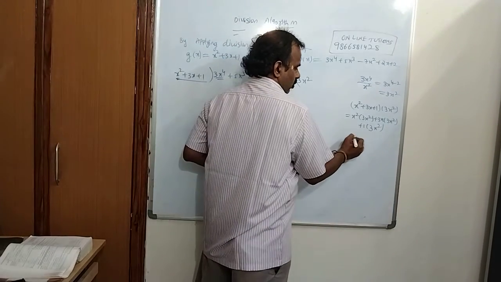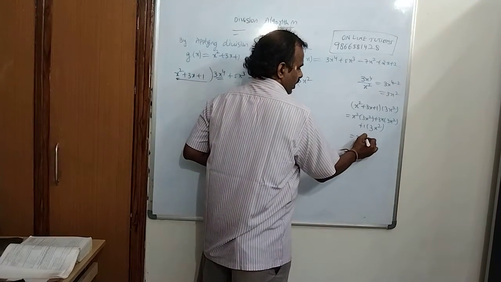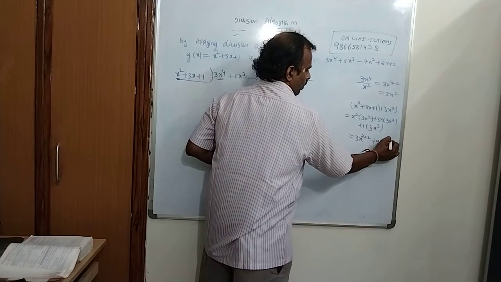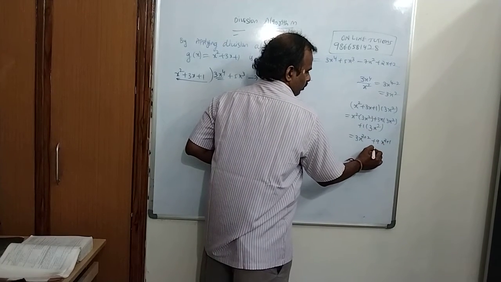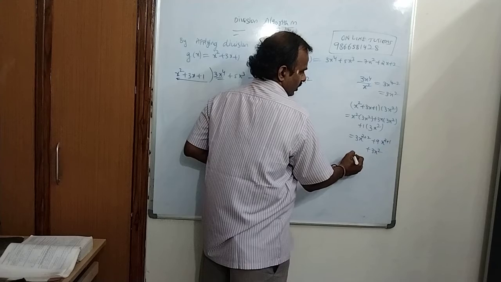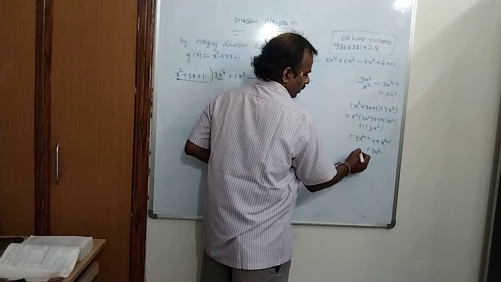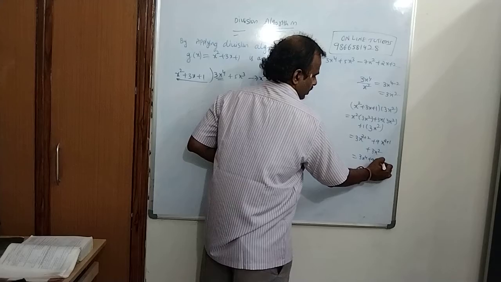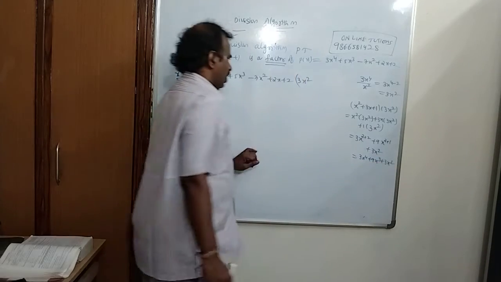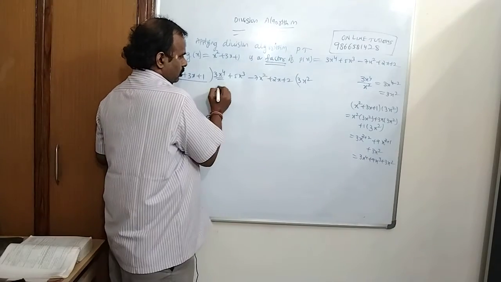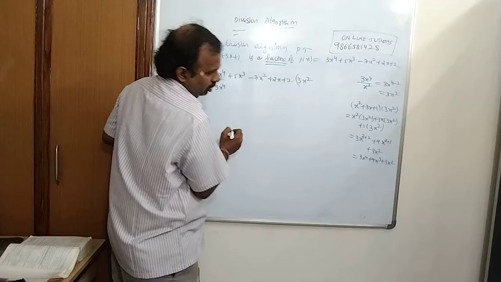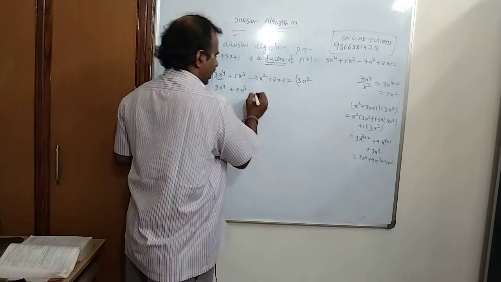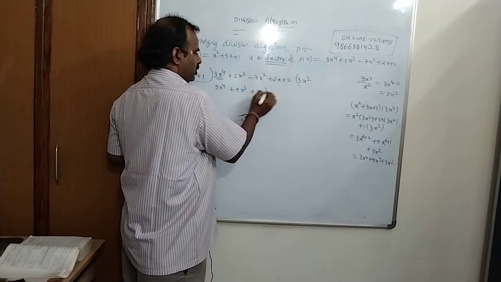So that is equal to 3x power 2 plus 2, 3 3s are 9, x power 2 plus 1, plus 3x square. So that is 3x power 4 plus 9x cube plus 3x square.